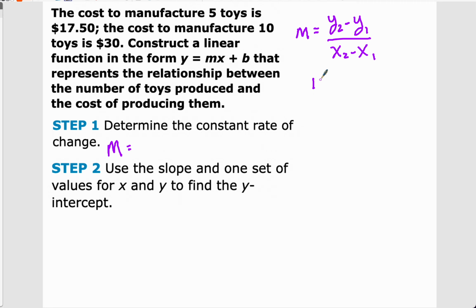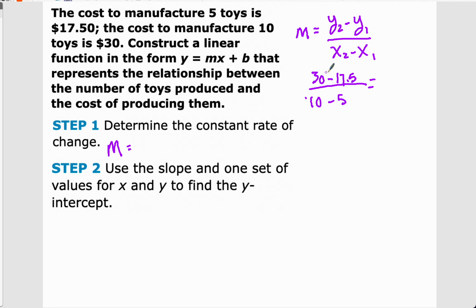So we can do 17, actually, let me pause there for a second. We have our other ordered pair, which is 10, 30. Money goes on top, and I want to do 30 as my y2 value. 30 minus 17.5 over 10 minus 5.